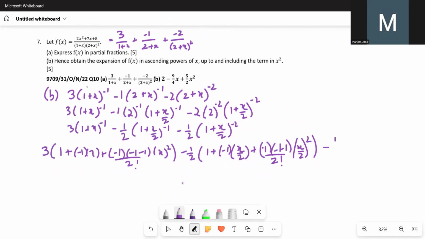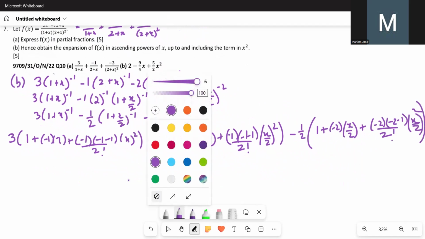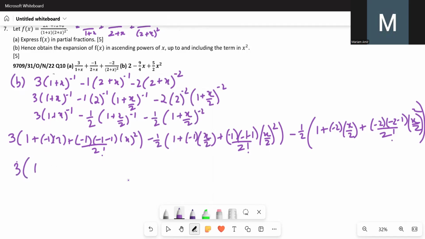And then minus half (1 plus minus 2 times x by 2 plus minus 2 times minus 2 minus 1 over 2 factorial times (x by 2) whole squared), bracket close. Now carefully find each of these terms.